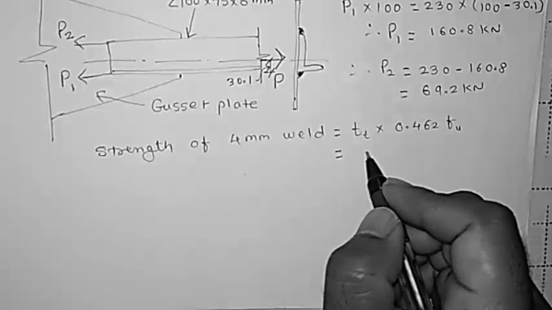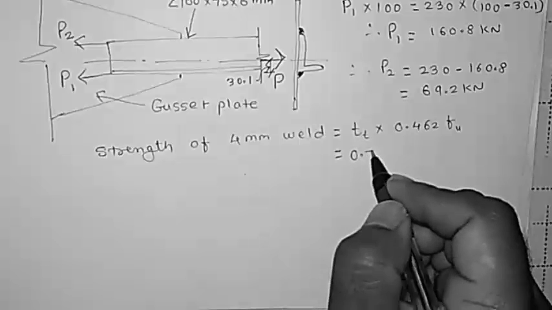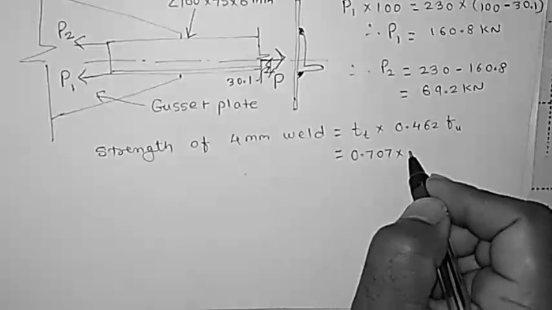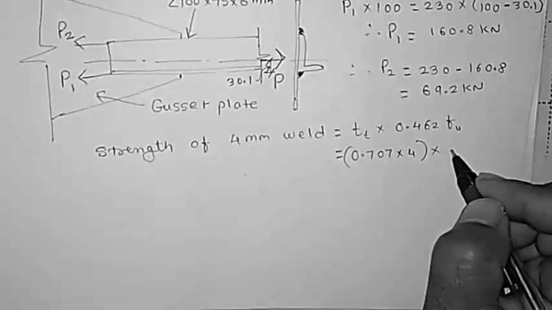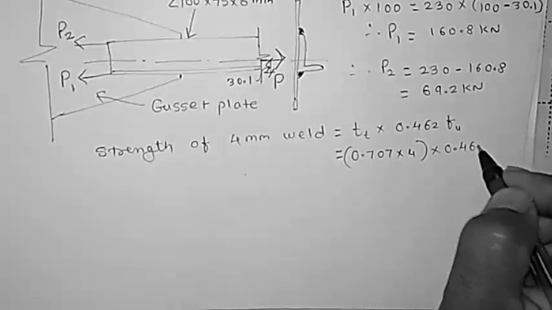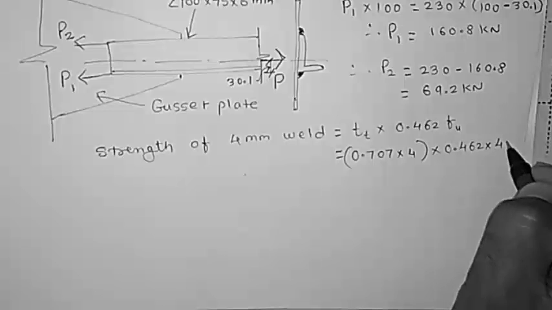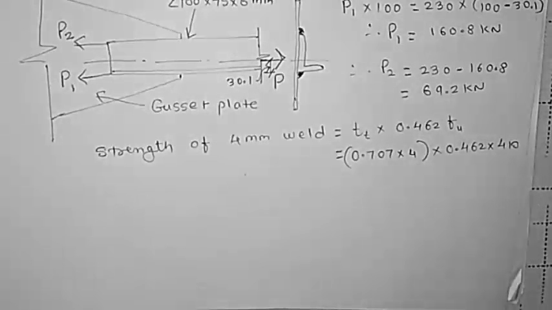And this TT, that is the throat thickness, that is 0.707 multiplied by, you are going to use 4 mm weld, so multiplied by 0.462 multiplied by FU is 410. So that is it.